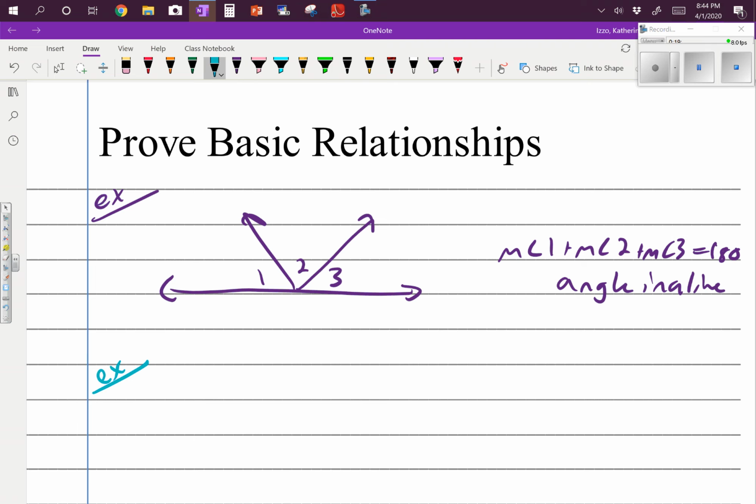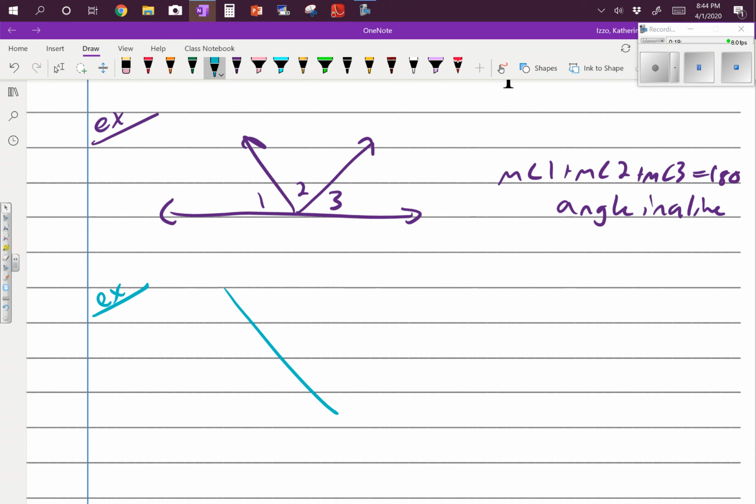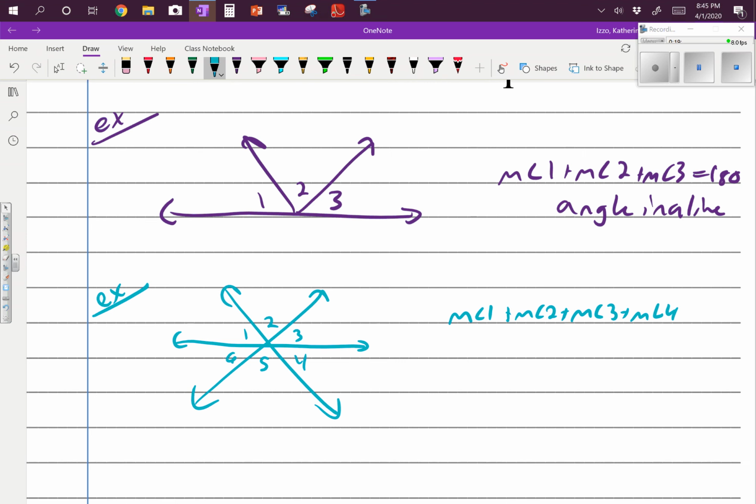Let's take a look at the next one. If I've got something that looks like this, 1, 2, 3, 4, 5, 6, all 6 of those angles. Measure angle 1 plus measure angle 2 plus measure angle 3, measure angle 4 plus measure angle 5 plus measure angle 6.